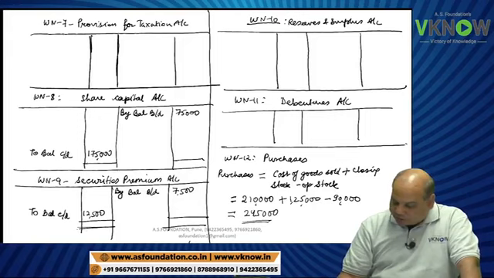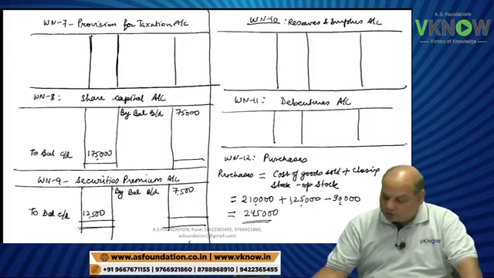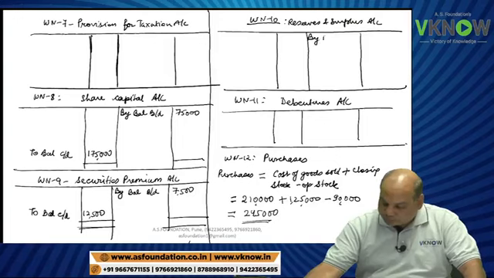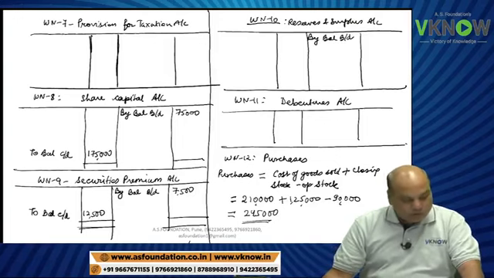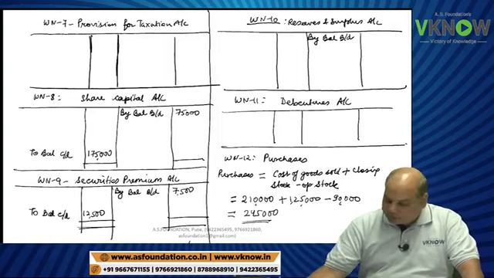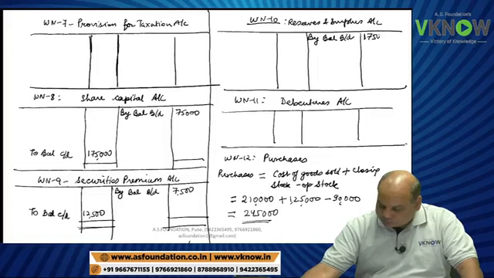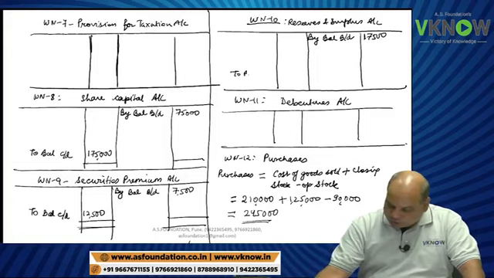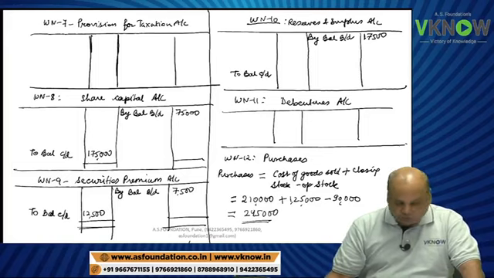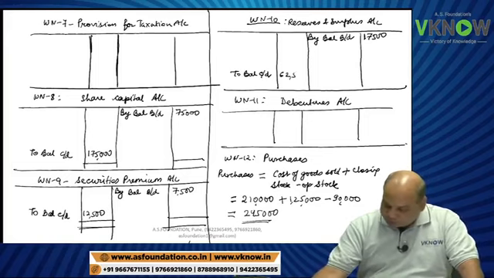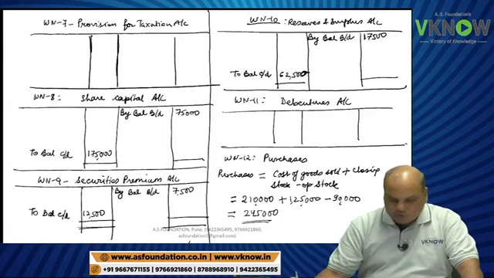Reserve and surplus, working note 10, by balance brought down is 17,500 and to balance carried down is 62,500. This will help you to understand accounting also.